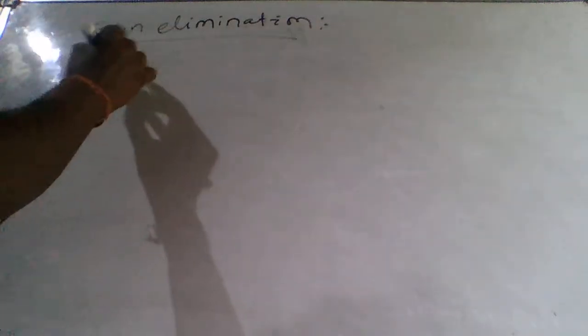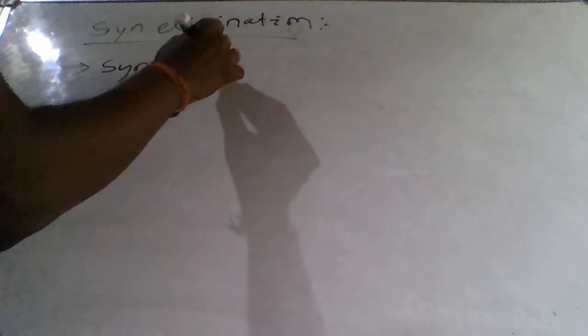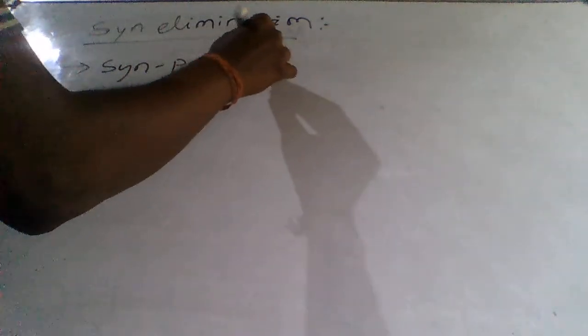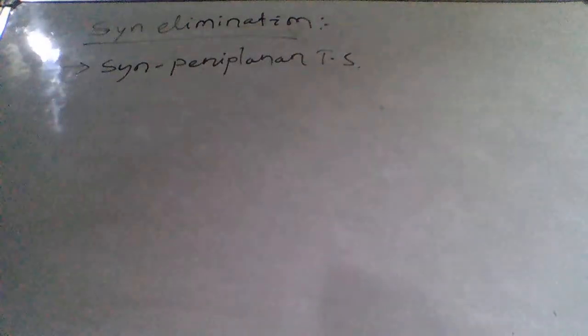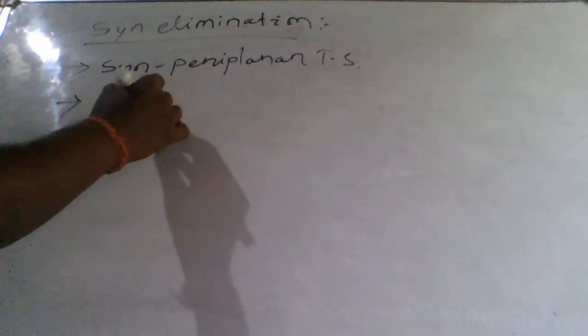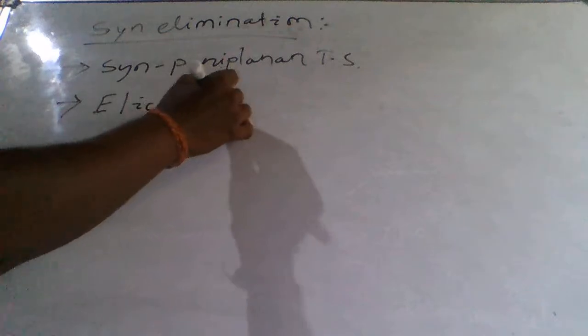The conformation in the transition state is eclipsed conformation.